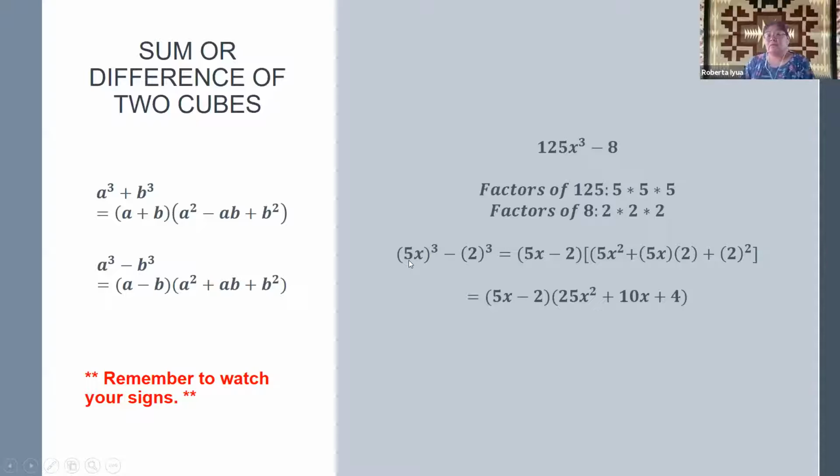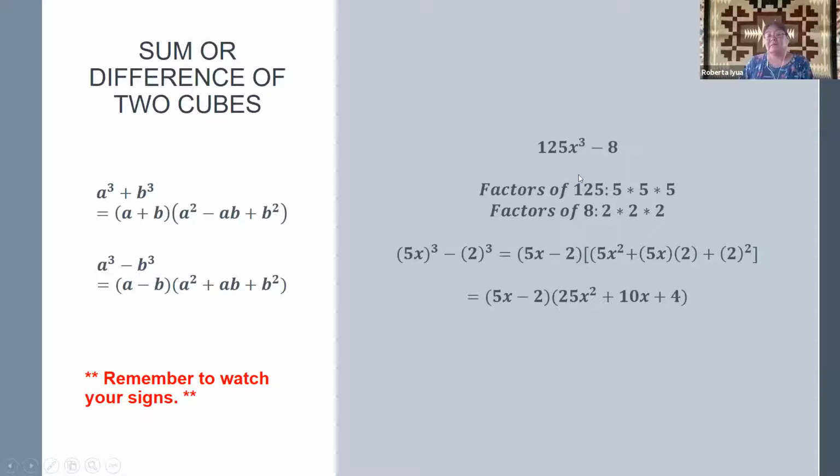So you take one 5 out and you make it 5x minus 2 times 5x squared, because when you distribute this out, the 5x squared times your 5x should give you 125x cubed, the x squared times the x giving an x cubed right off the bat.